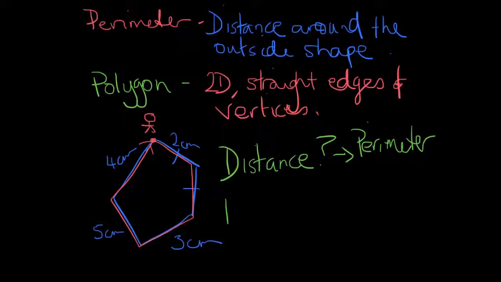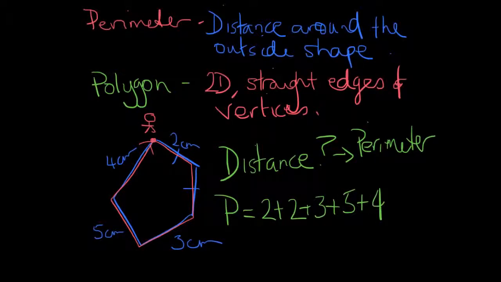So in this case, perimeter represented as P would be 2 centimeters plus 2 centimeters. So we've got 2 plus 2, and then the rest of the side lengths are 3, 5, and 4. So we've got plus another 3, plus 5, plus 4.